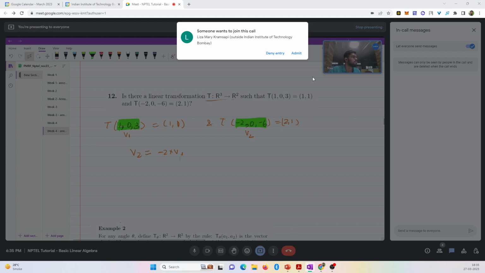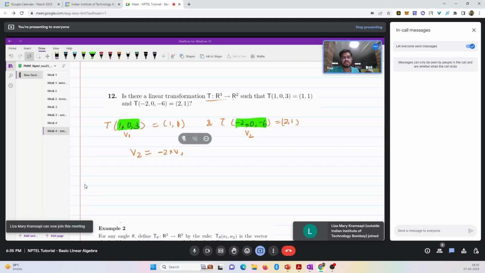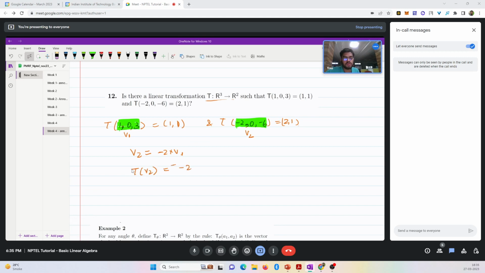Now if this is satisfied, then T(v2) must be equal to T(-2 v1), which is equal to -2 times T(v1). So what we had is that T(v1) is (1, 1). Let's put it over here. We obtain (-2, -2). But these quantities don't tally, right?